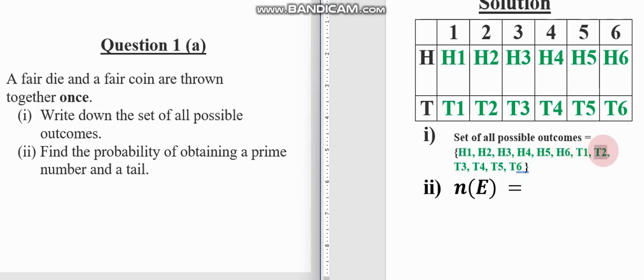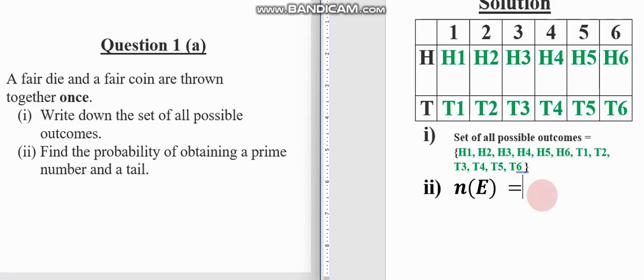So prime number 2 and a tail is the one I've highlighted. Prime number 3 and a tail. Prime number 5 and a tail. Very good. It means that those with a prime number and head are not part. It's only prime number and tail. So they are going to be 3: T2, T3, and T5.